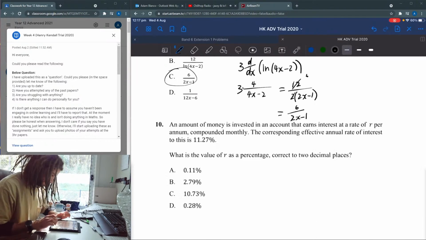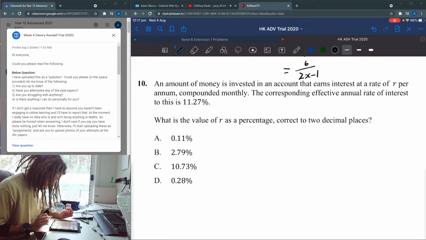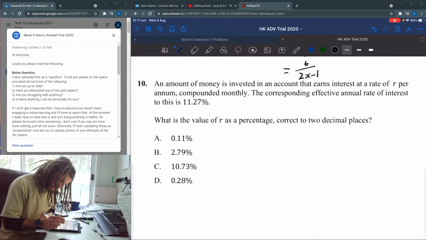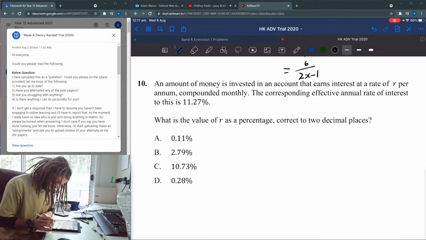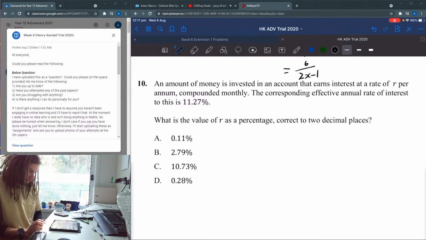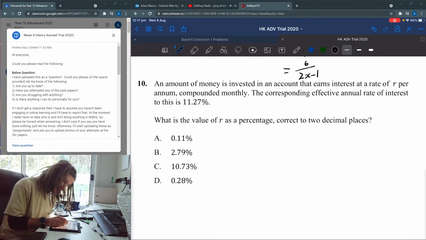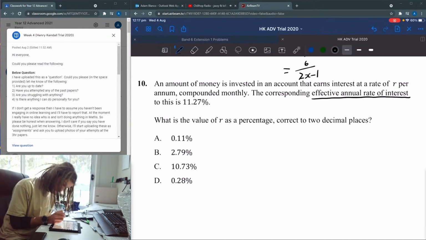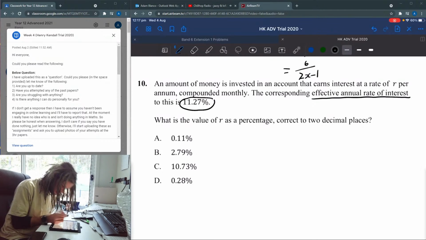Multiple choice. And I've jinxed it. An amount of money is invested in an account that earns an interest rate of R per annum, compounded monthly. Oh my god. What's R? Okay. Oh, the effective annual rate of interest. Remember this? Oh, it's already told us what it's equal to. So it's equal to this.